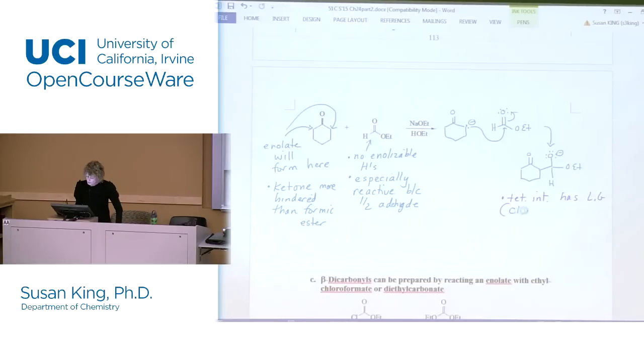So this is going to be more Claisen-like. So that means the electrons on oxygen are going to come down, and rather than a beta hydroxy, we're going to get actually a carbonyl in the beta position.